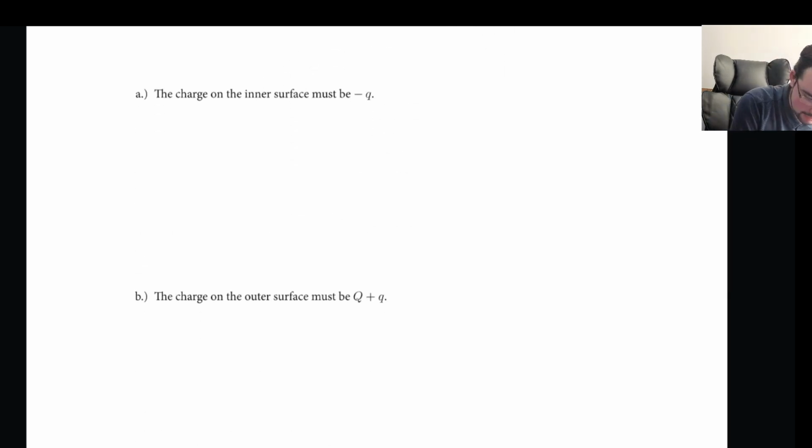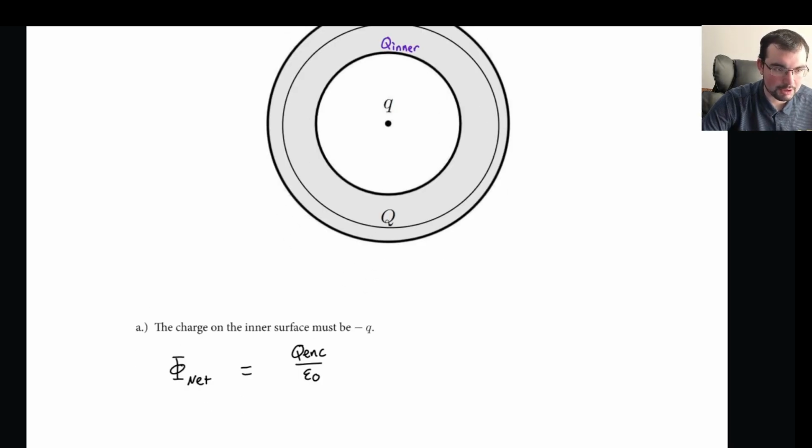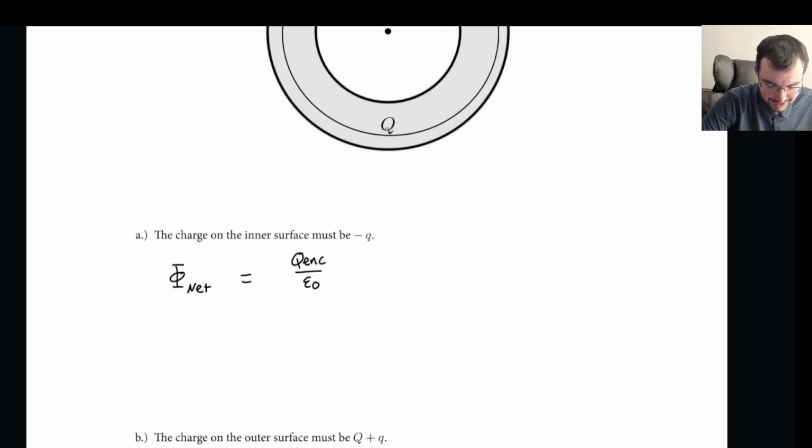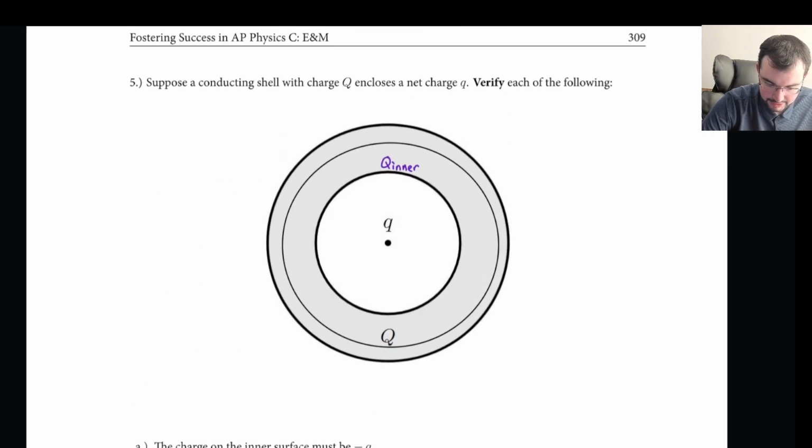So Gauss's law says the net flux through any surface is going to be the enclosed charge divided by epsilon naught. And remember that electric flux can also be written as E times area. But E equals 0 in a conductor.